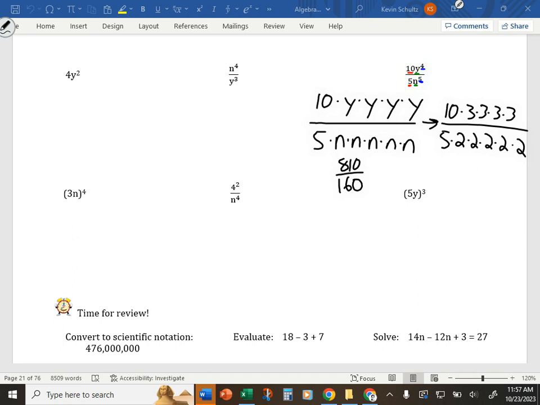They both end in 0, right? The whole 0 trick, when you've got a fraction, if they both end in a 0, those zeros just cancel out, which mathematically means we are dividing by 10, okay? Your final answer is 81 over 16. And that can't be simplified any further.